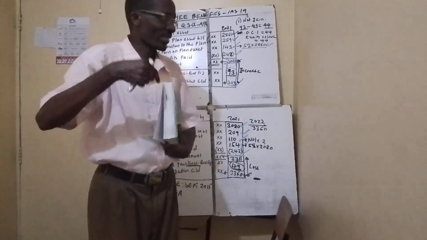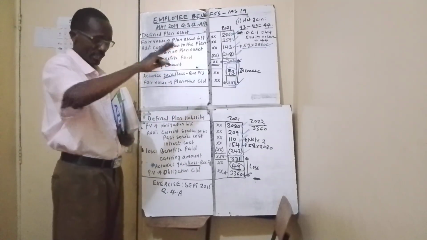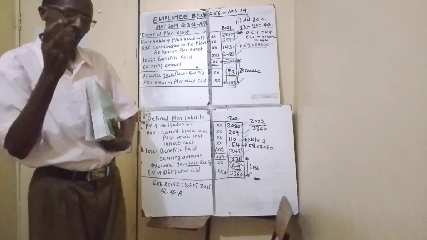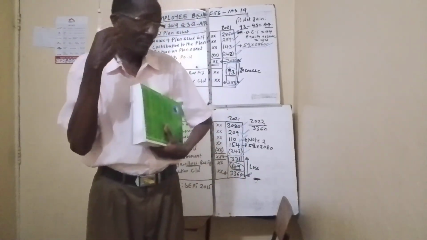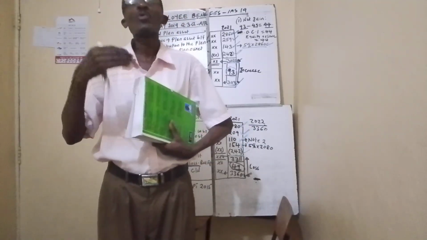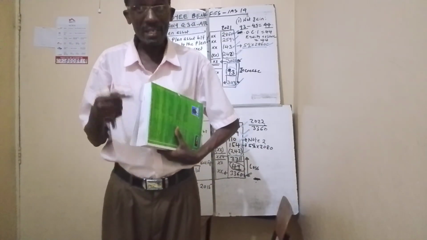So that 2011 is not affecting the calculations that you are doing for this particular question. They are only trying to tell you about the amendments which were made concerning IAS 19 in the year 2011.